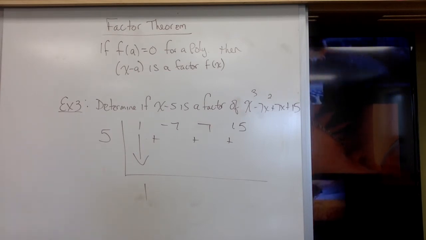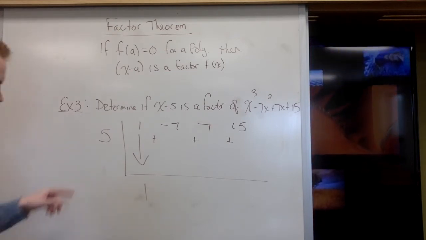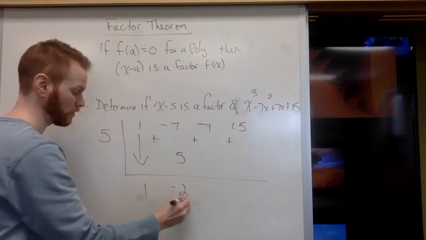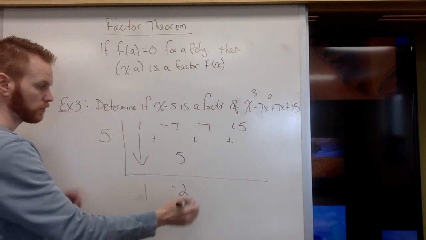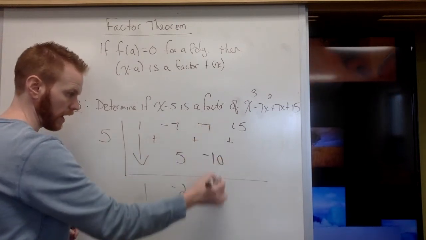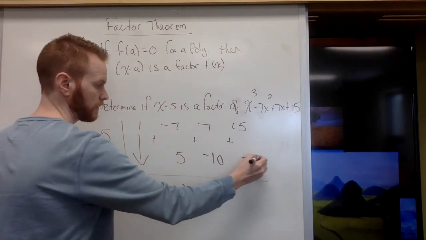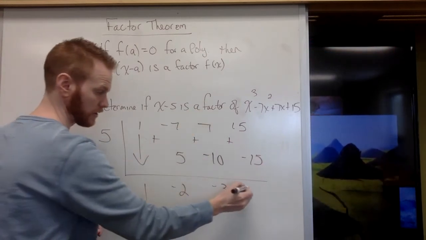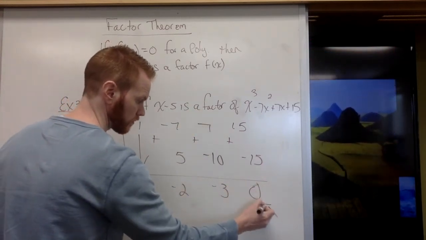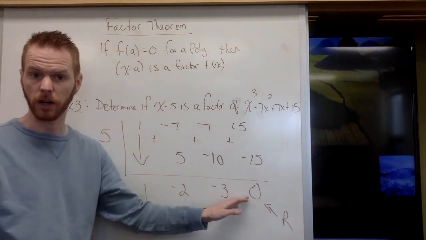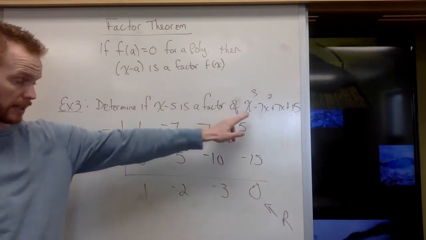So let's go ahead and multiply this out. 1 and 5 is 5. We add, we get -2. Multiply these, I get -10. Add, I get -3. Multiply these guys, I get -15. Add, I get 0. So that's my remainder. So since the remainder is 0, then x minus 5 is a factor of this guy.